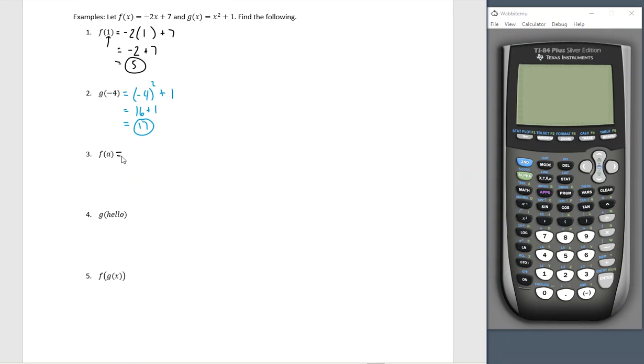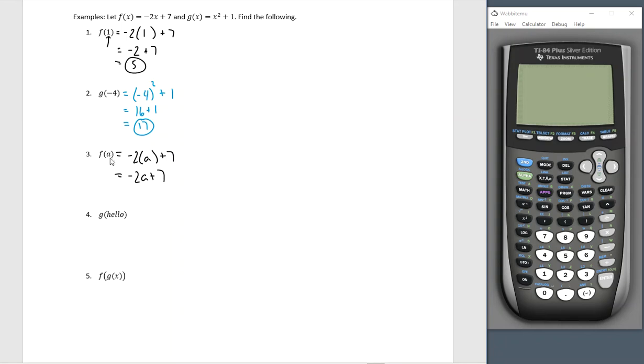So we look at f of a. F is negative 2 times something plus 7. In this case, that something is the a. And to simplify, there's really nothing we can combine, but we could write it without the parentheses, negative 2a plus 7. We can evaluate at a number.